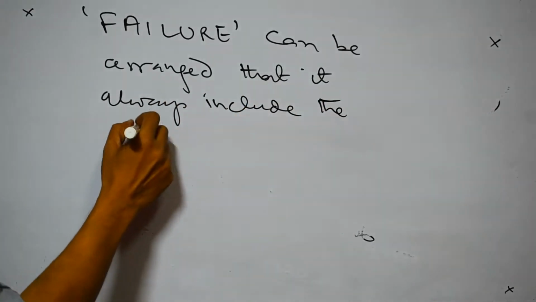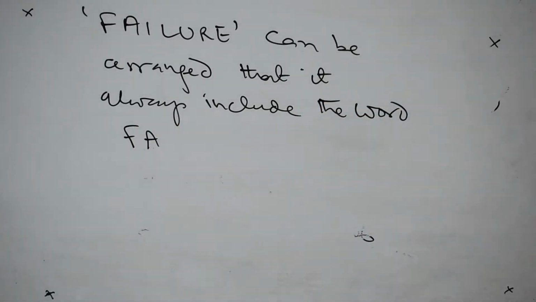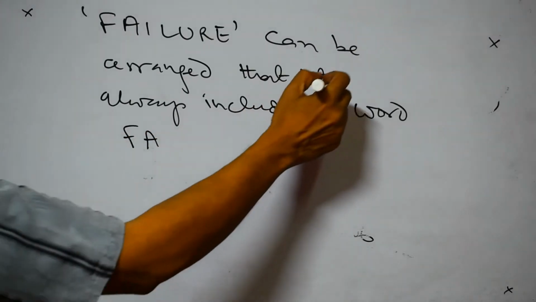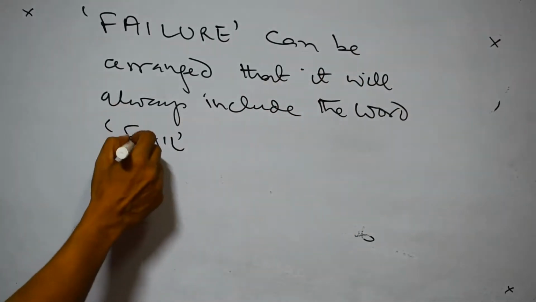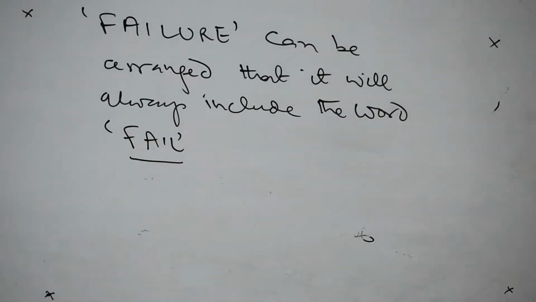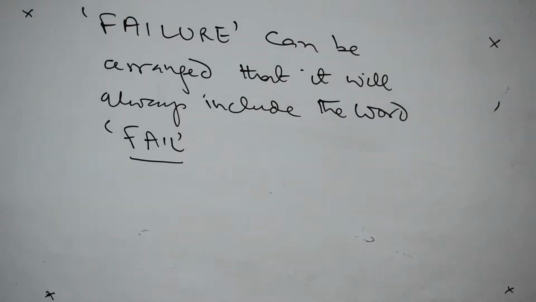What I am saying here is that the word failure is arranged so that it will always include the word fail. That means here we are taking fail as a single letter, as if it's a word.